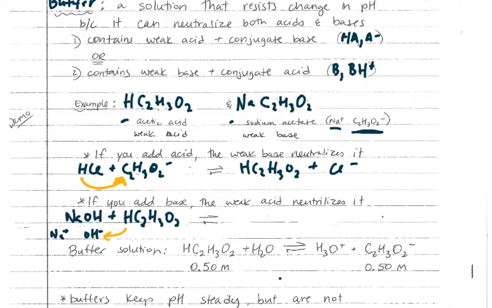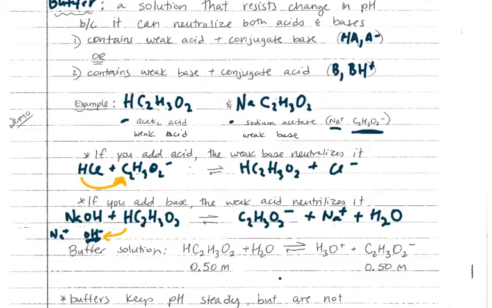So we'll end up with the weak base, C2H3O2 minus, plus some Na plus and some water. So this weak acid is neutralizing any base that forms, any OH minus, and we end up neutralizing it to water. So there's no change in pH again.